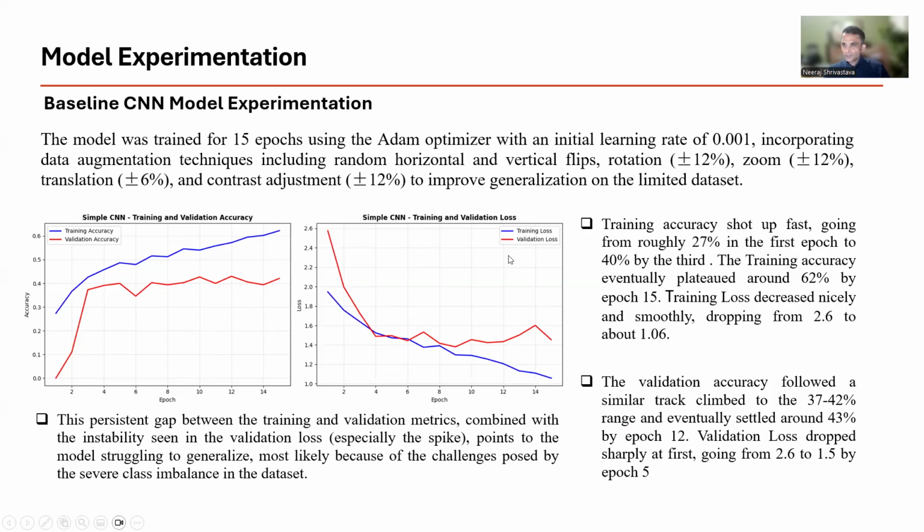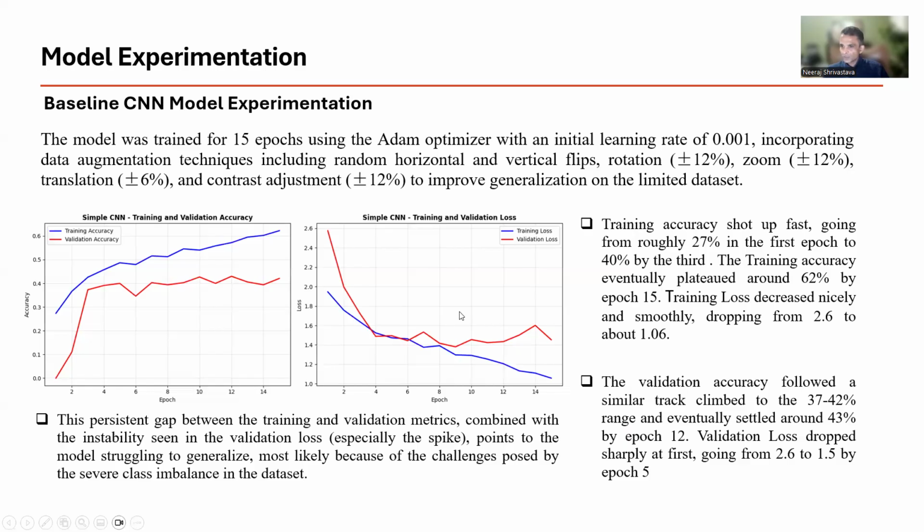Now, talking about these plots, training accuracy, as you can see, shot up from roughly 27% in the first epoch to 40% by the third epoch itself. The training accuracy eventually plateaued at around 62%, as you can see from the chart. By epoch 15, training loss decreased nicely and smoothly, dropping from 2.5 to about 1.06.